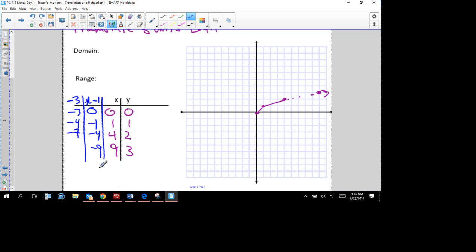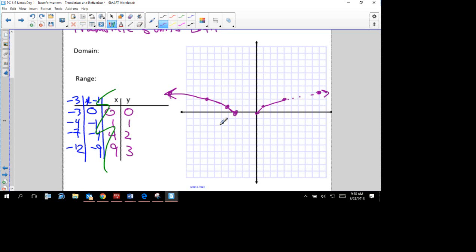You graph the outermost x and y. The 12, that's kind of off the graph, but it's kind of close still, so I corrected.